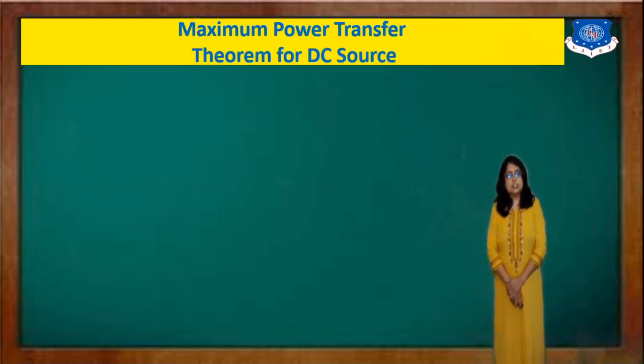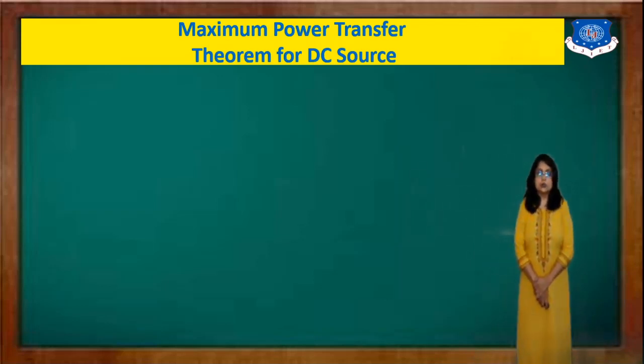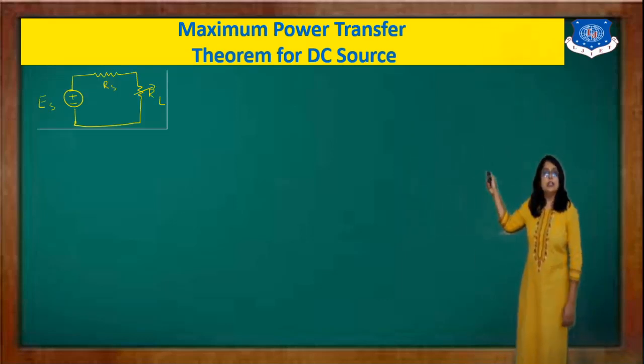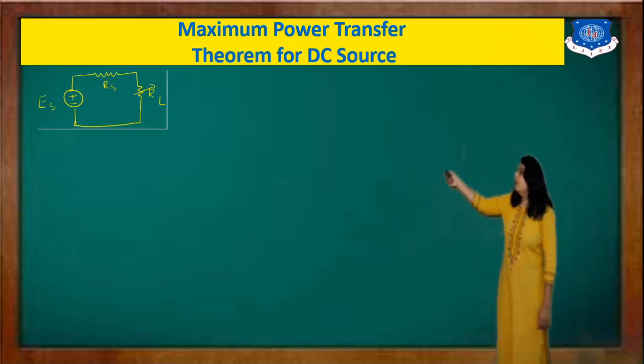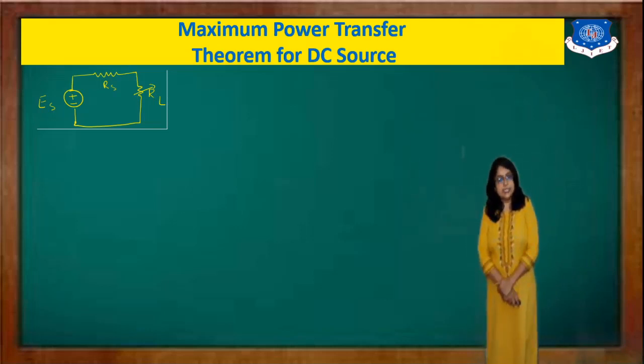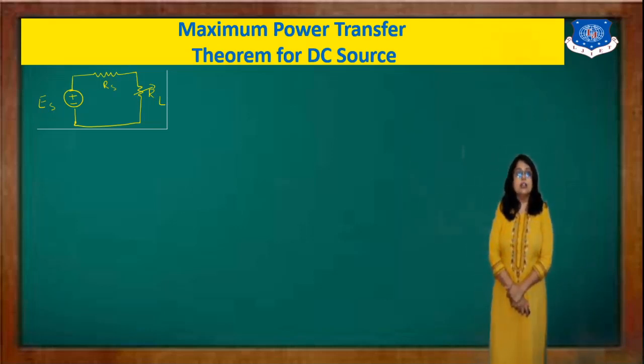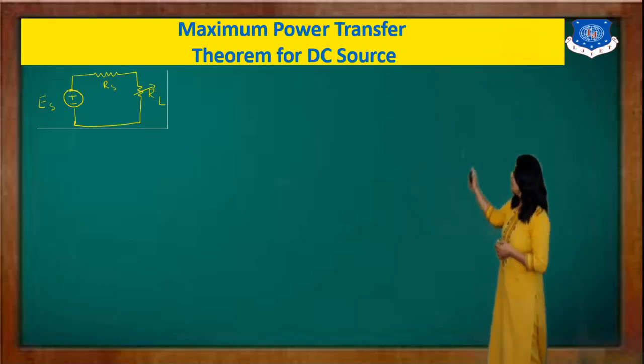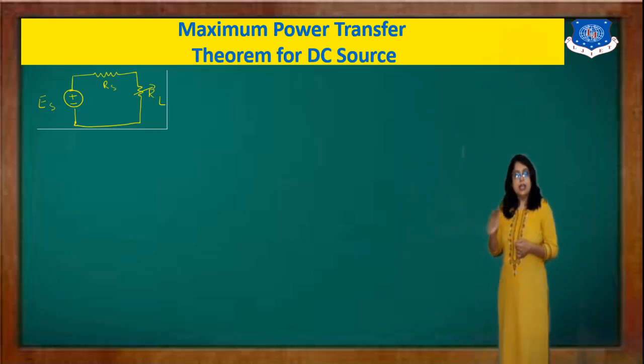Now, first of all, we will discuss the maximum power transfer theorem for the DC source. See here, this is the diagram. In this diagram, one voltage is there, that is ES, then a source resistance, RS, and one load resistance, RL.